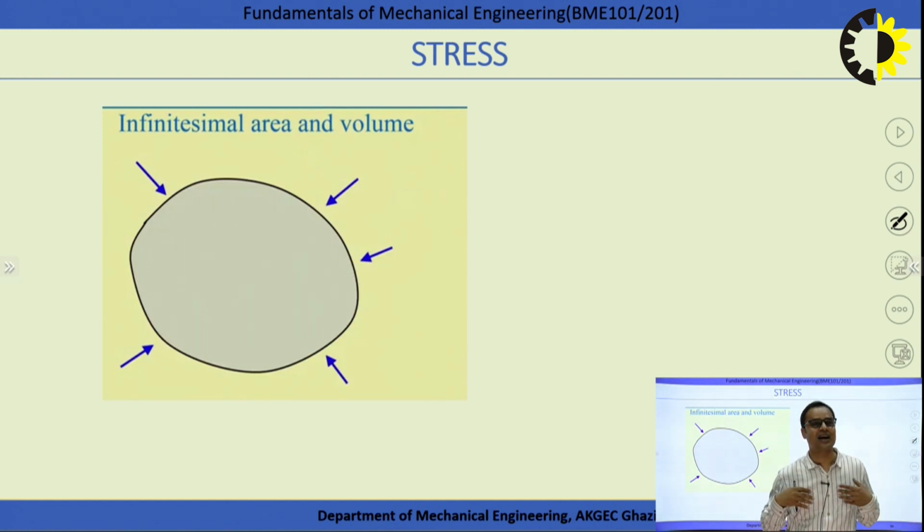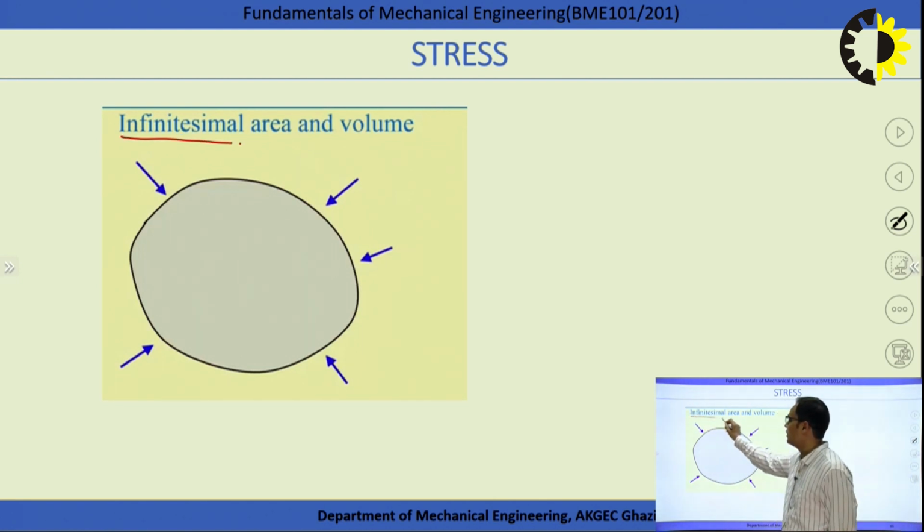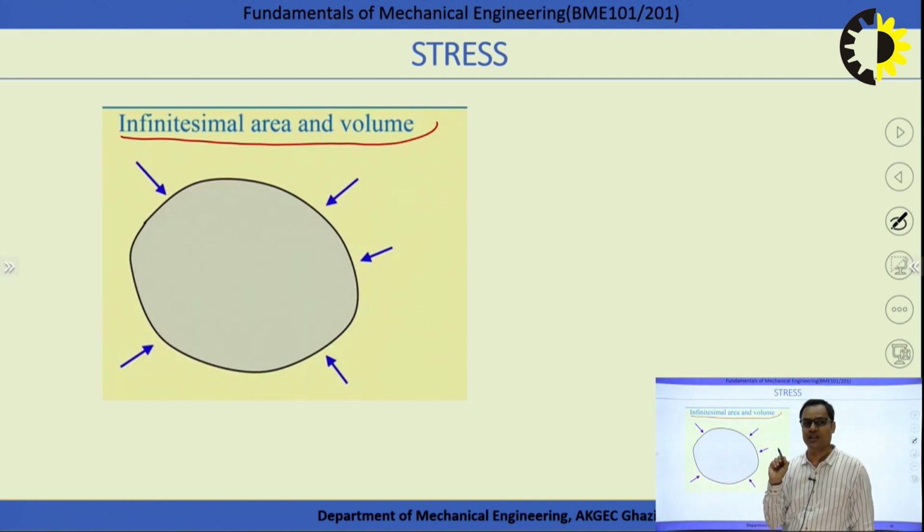So if anyone is asking what is the stress in the body, mainly he is implicitly asking for the stress at a point in the body. That's why the concept of infinitely small area and volume is very popular, right?